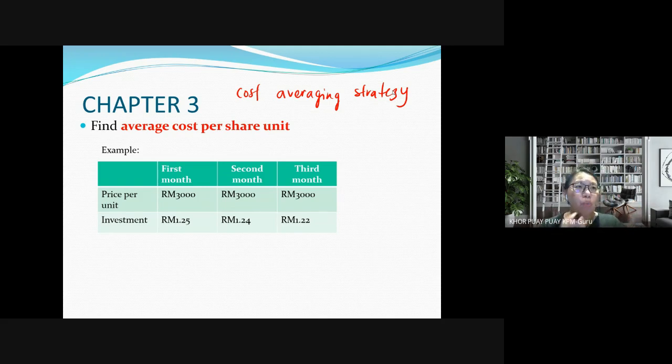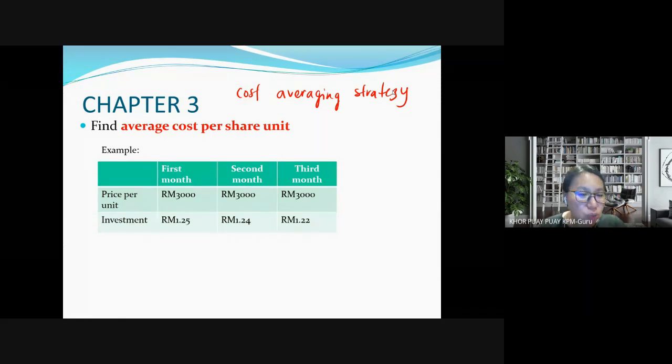Now, this strategy, normally, a wise investor or smart investor will use this method. Why? Because whatever money they have, they will not use that one lump sum of money to straight away buy the shares at one price. So what they do is they allocate a certain amount of money consistently over a few months, and use that small amount of money to buy at different prices.